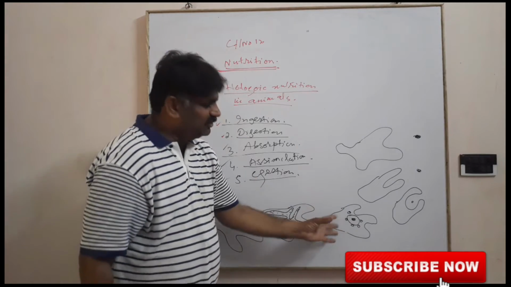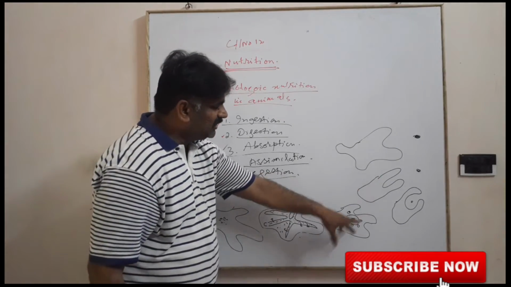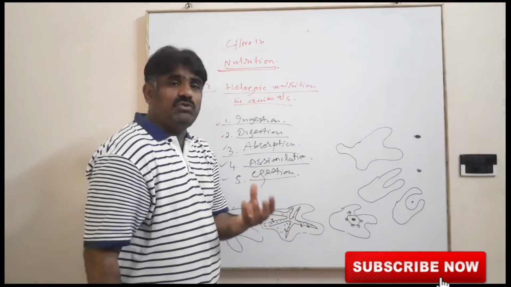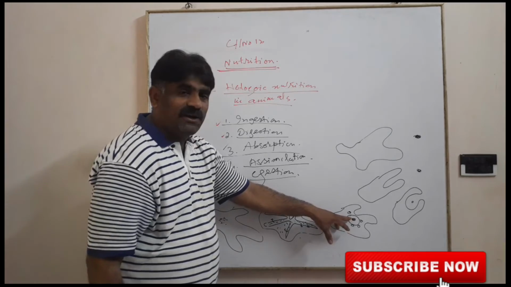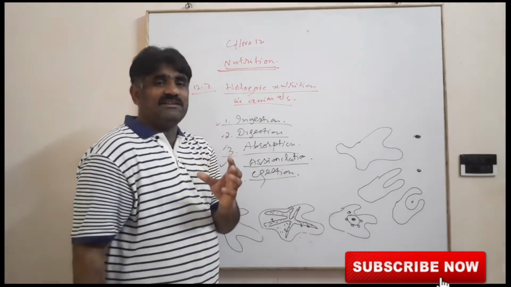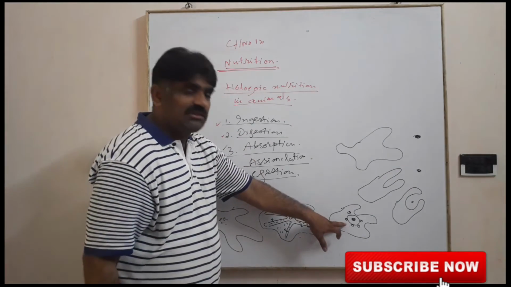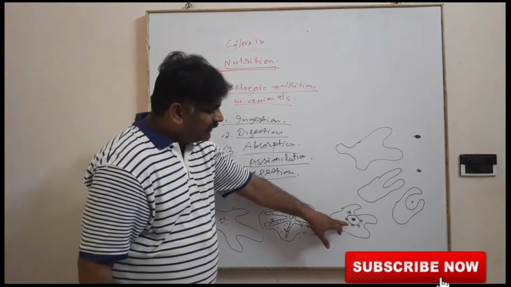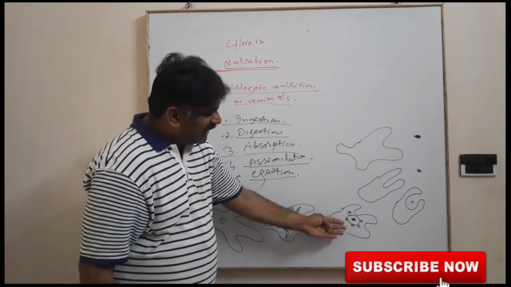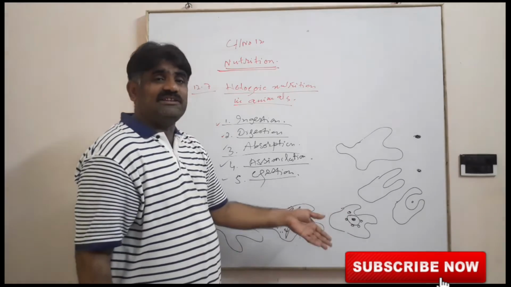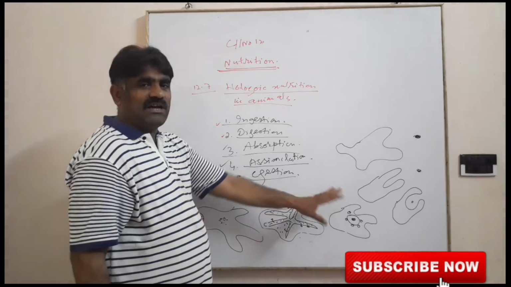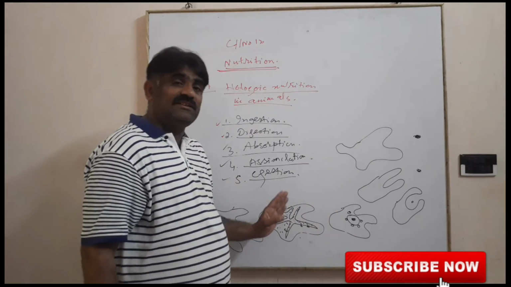In the second step, this food cup turns into a food vacuole, inside which there is the complex food particle. Lysosomes fuse with the membrane of this vacuole, and they produce digestive enzymes over this food particle, which completely digest the complex organic food into the simplest and soluble form.